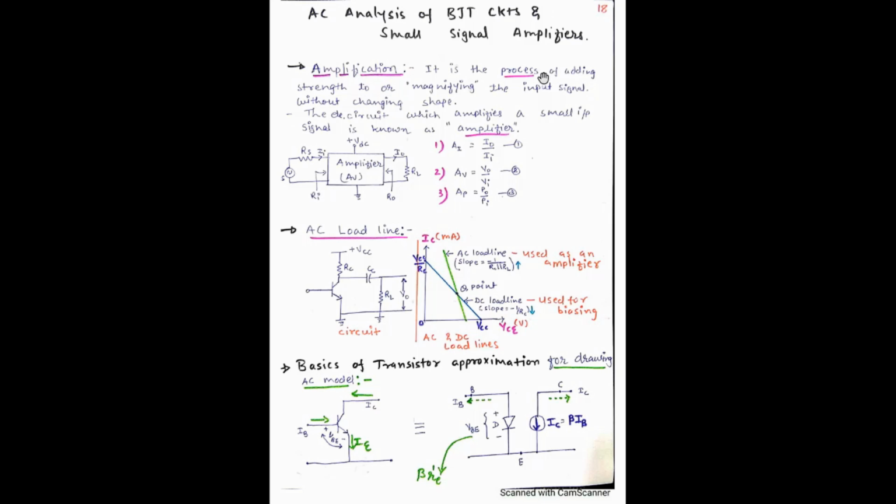It is the process of adding strength to the input signal or magnifying the input signal without changing its shape. For this process, we need to design one circuit, and that electronic circuit which amplifies a small input signal is known as an amplifier. So let's start with the amplifier block diagram.